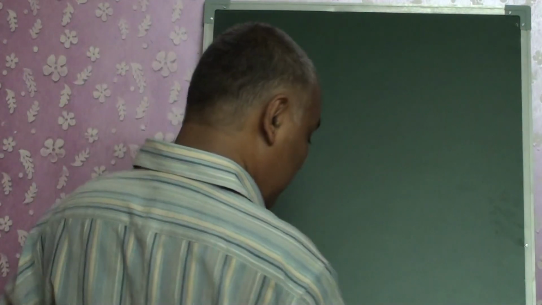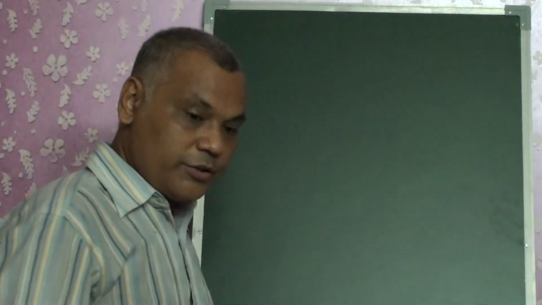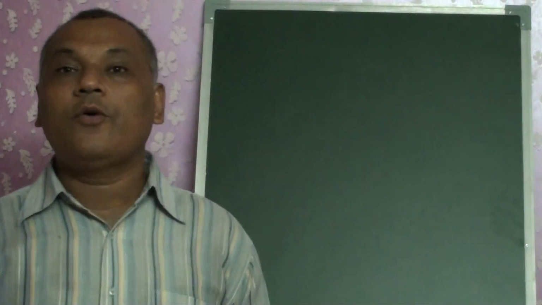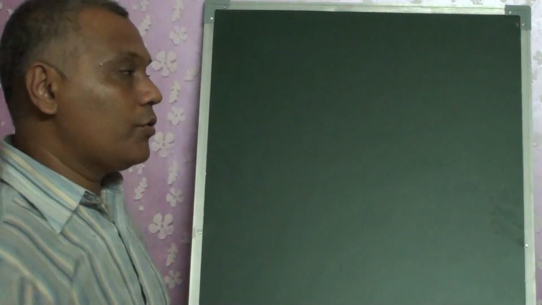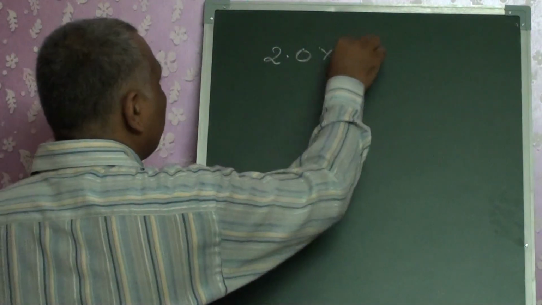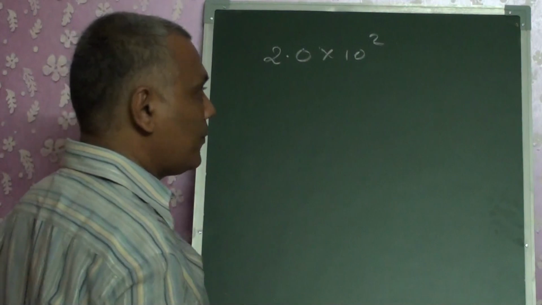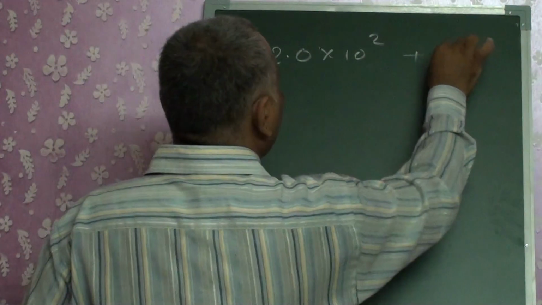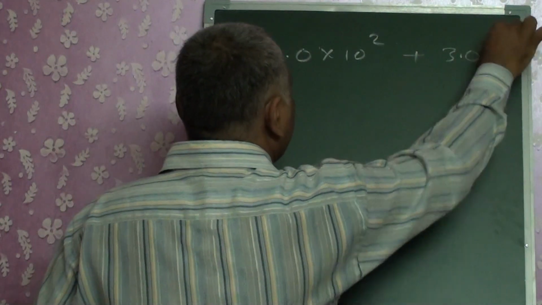The second important factor of scientific notation, why it is useful: when you have been given sums in scientific notation, how will you go for addition and subtraction? Suppose you have been told 2.0 into 10 raised to 2 plus 3.0 into 10 raised to 3.